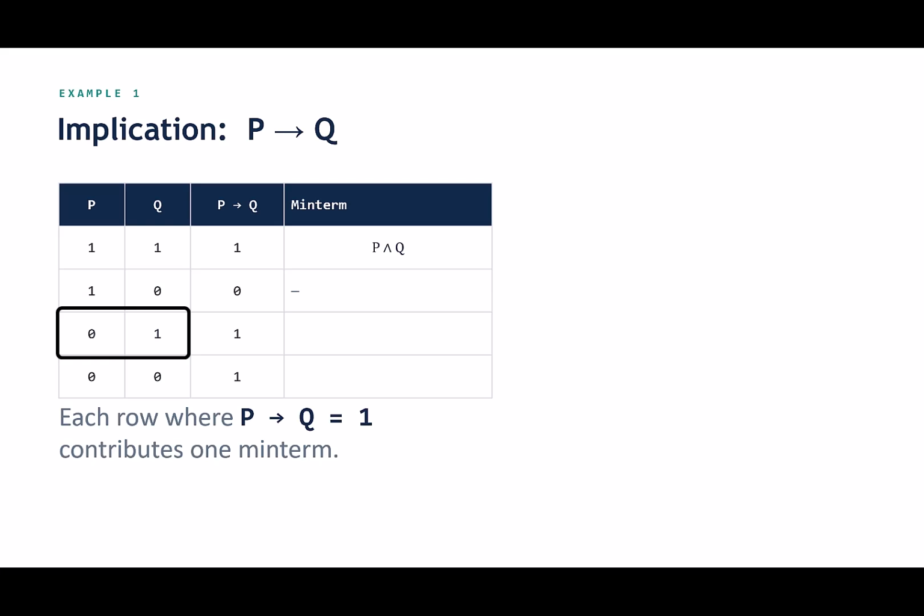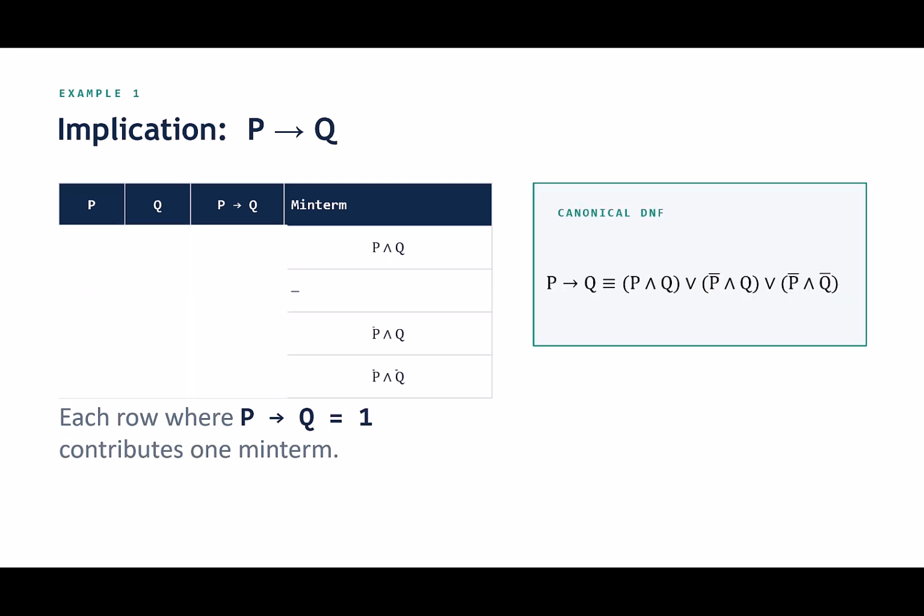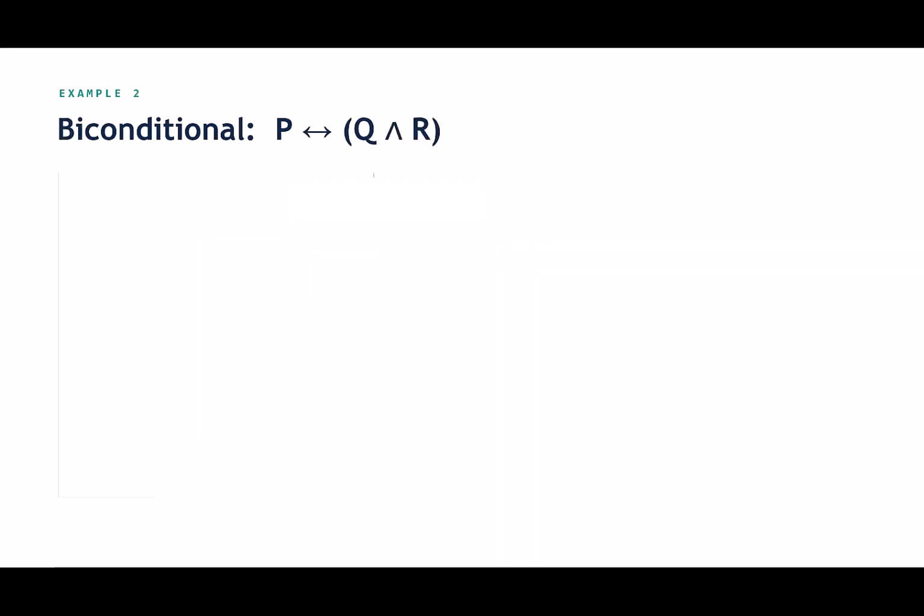So the 0 for P means that's not P. So we're going to write not P and Q. Then the 0, 0 in the fourth row means not P and not Q. So there's our expression, not P and not Q. We're going to join all of these minterms together with the connector OR. This gives us that P implies Q is equivalent to P and Q, or not P and Q, or not P and not Q.